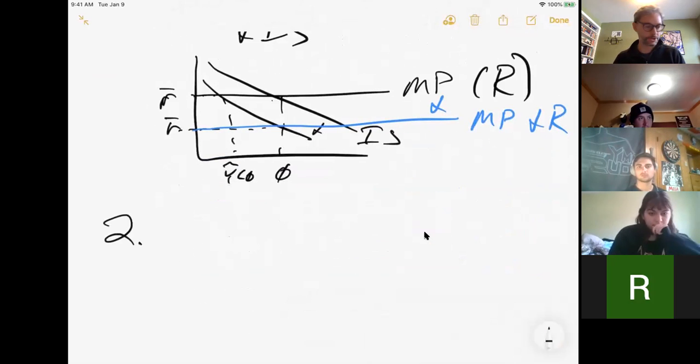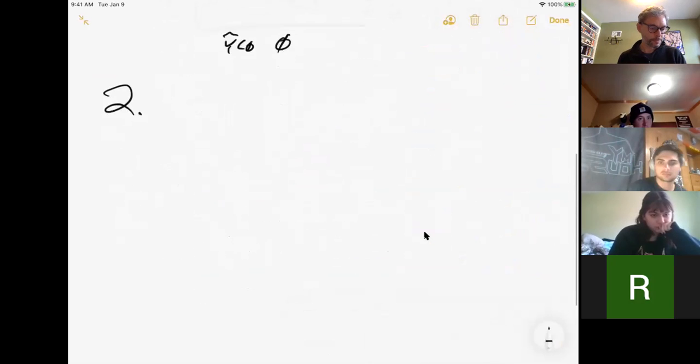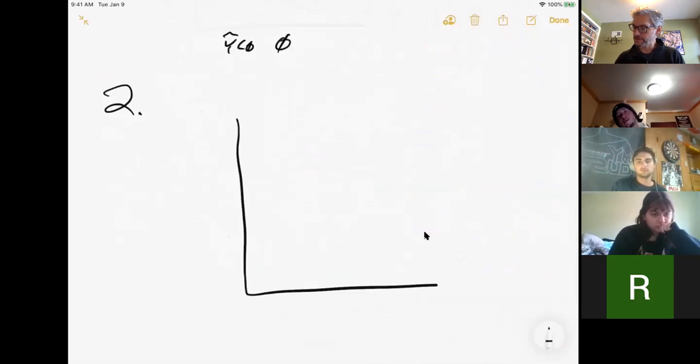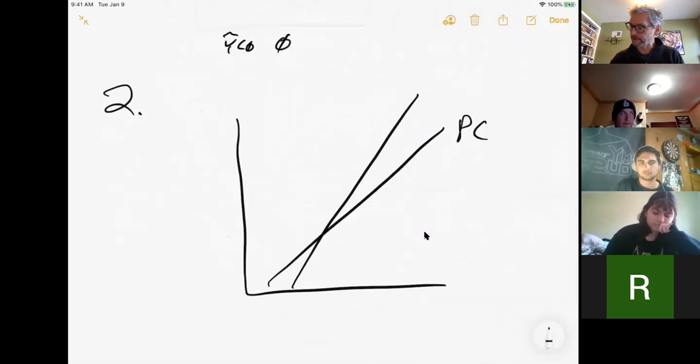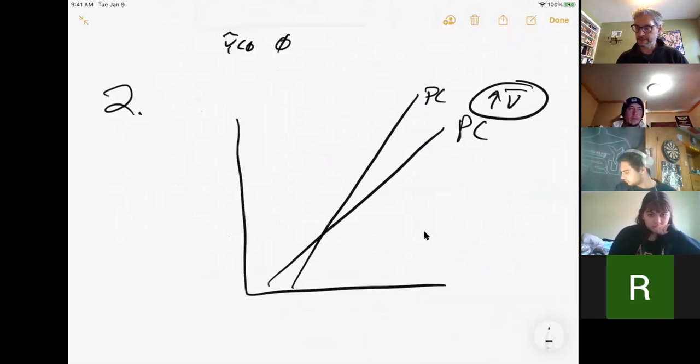Okay, question number 2. Suppose that the slope of the Phillips curve goes up. What happens to our Phillips curve? It gets steeper, right? So what does that mean?